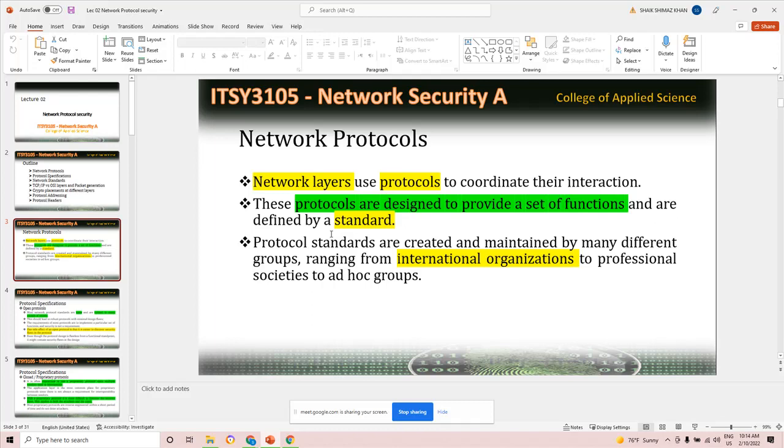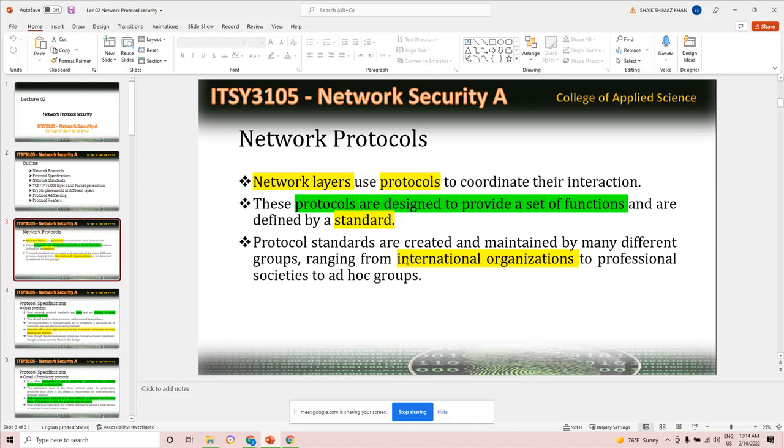Each device uses different operating systems like Windows, Linux, Macintosh, iOS, Android. So when a protocol has to be accepted by different hardware and software, they have to follow a common set of rules, and these rules are nothing but a standard.